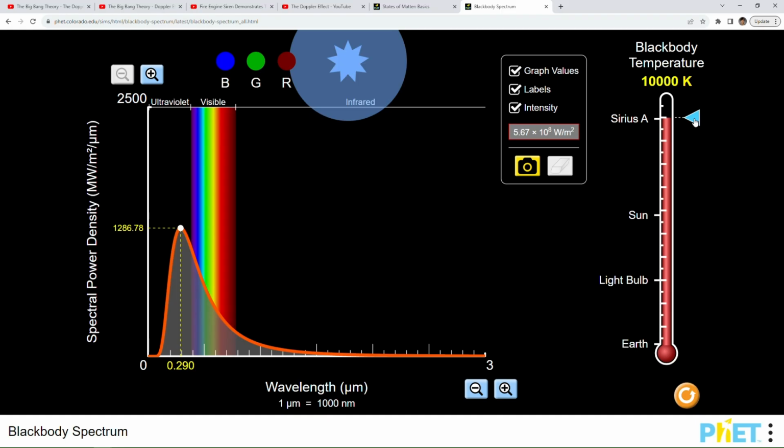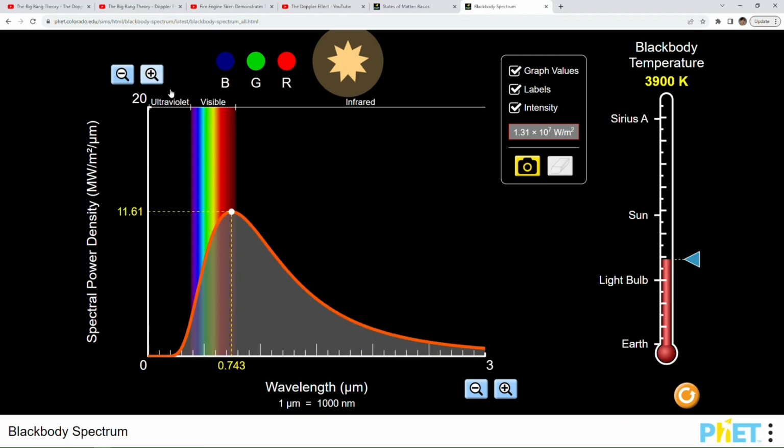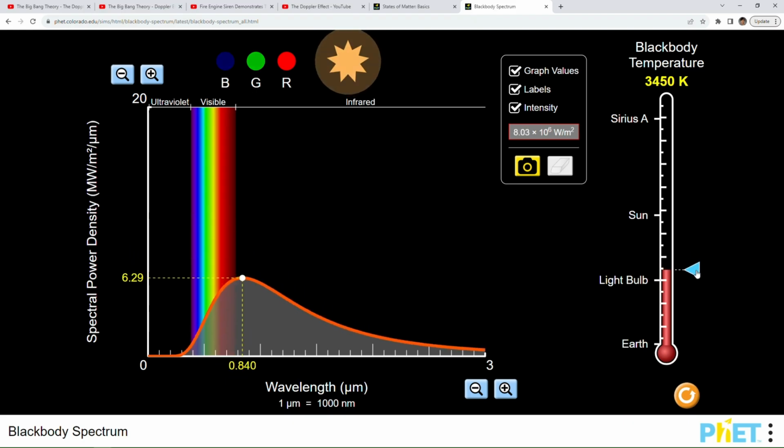Now let's look at maybe a colder star. Okay, so we need to zoom in, make it larger for us to see. If we look at a colder star, for example, if the star's surface temperature is a little bit over 3,000 Kelvin, the peak of the thermal radiation curve is basically in the infrared range.